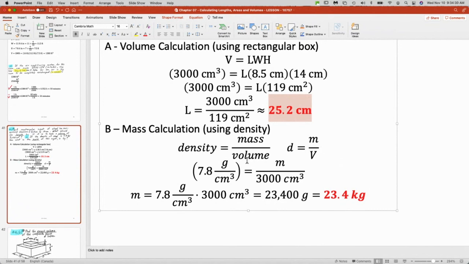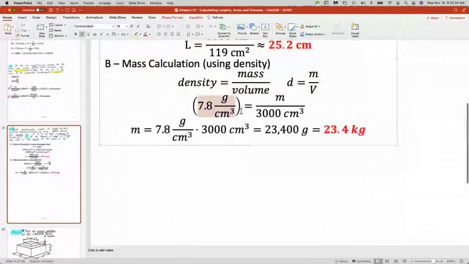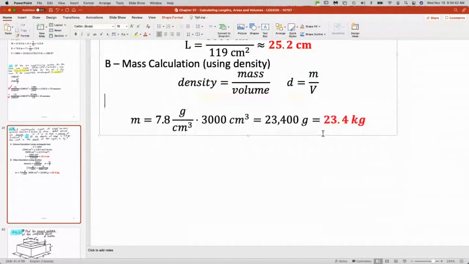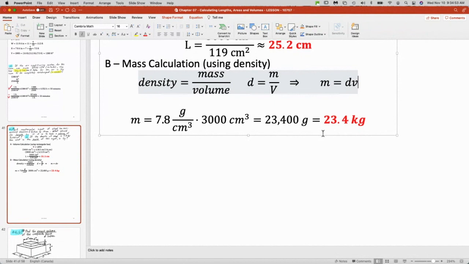Anyway, this question here, you might be like, hey, John, I don't like this part. I don't like how you wrote that. Could I do this differently? Absolutely. So let me show you how to do it differently, okay? Because that looked weird. What you can do is you can take the density formula and manipulate it and say that mass is density times volume.